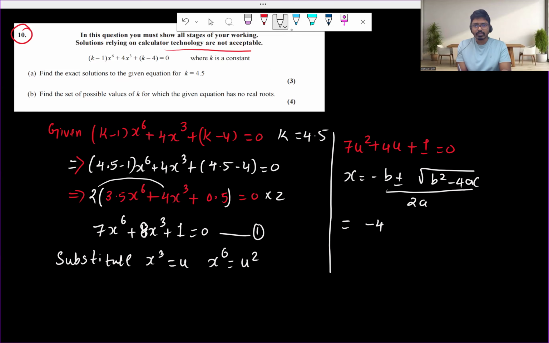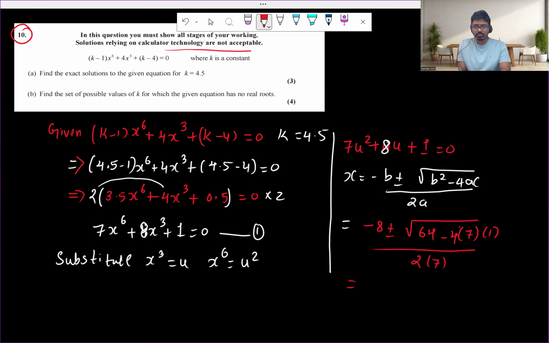Sorry, I missed the multiplication, so even in your exam you need to be very cautious with multiplications. So minus 8 plus or minus square root of 8 squared, which is 64, minus 4 times a, which is 7, times c, which is 1, over 2 times a, which is 7.